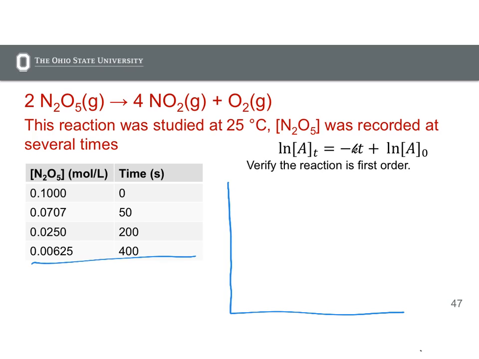One way of doing that is plotting natural log of A sub t versus t, and you should get a straight line plot. If you don't get a straight line plot, it's not first order. The fact that it said verify it's first order means you only have to plot one thing, right? If it just said what order is this, then you get a little bit grumpier. But this one wasn't so bad.